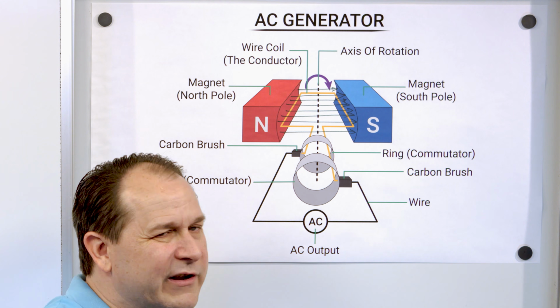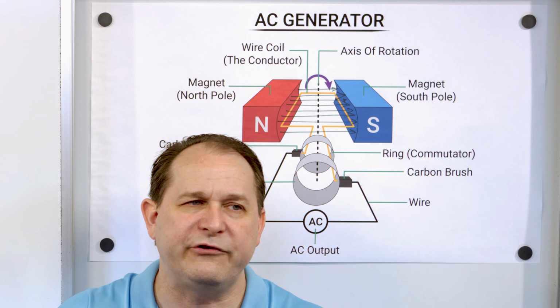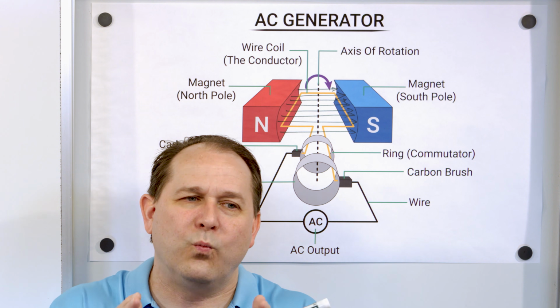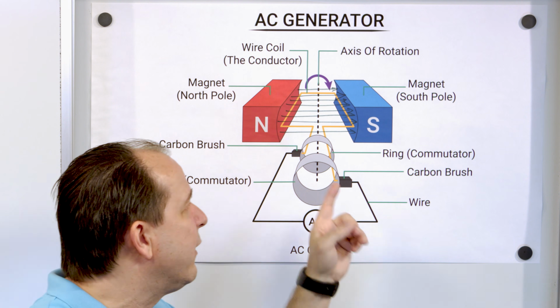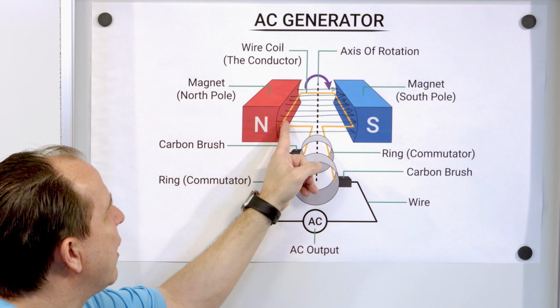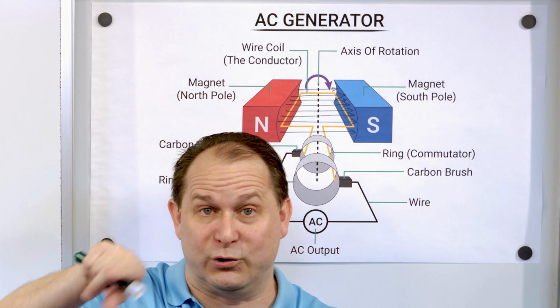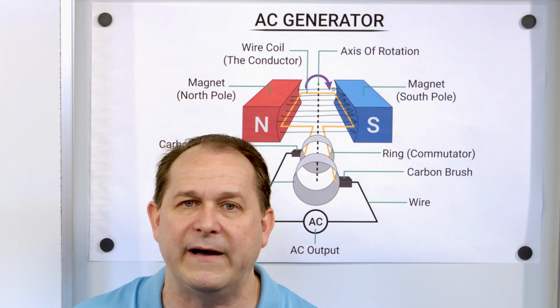And the word we really use for that magnetic field is magnetic flux. Flux just means those magnetic field arrows, right? And what you can imagine is these arrows cutting through the cross-sectional area of my loop. Now, I've only drawn one loop here, but in real generators, there are thousands of loops, all on top of each other, because the more loops you have, the more magnified this effect is.